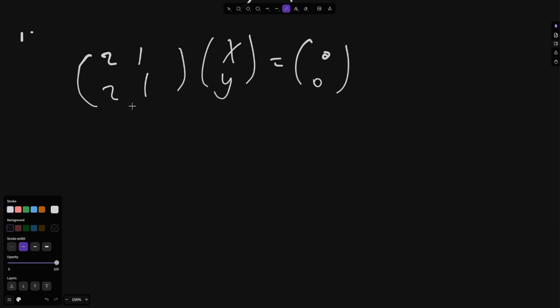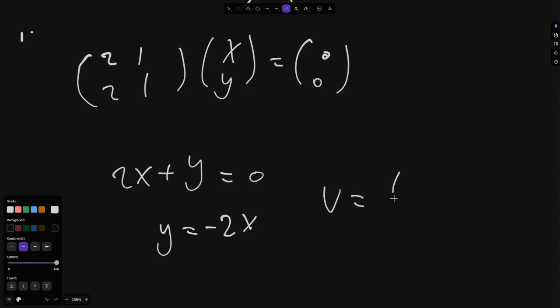Let's multiply this: 2x plus y is equal to 0. That means y is equal to negative 2x, which means that v is 1 and negative 2.